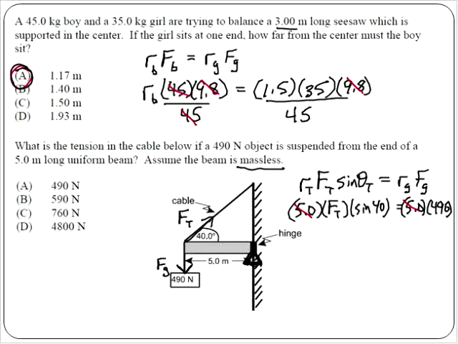So sometimes they may not even give you the length of the beam in this situation. That would make it a level 3 question. But it's still doable. It's doable because the distances are going to cancel out anyway. The R's cancel, so it's not going to make any difference in this situation. Both the R's are the same. So divide by sine 40 on both sides, and you will get 762 is the force of tension, which rounds off to 760 newtons, or C.